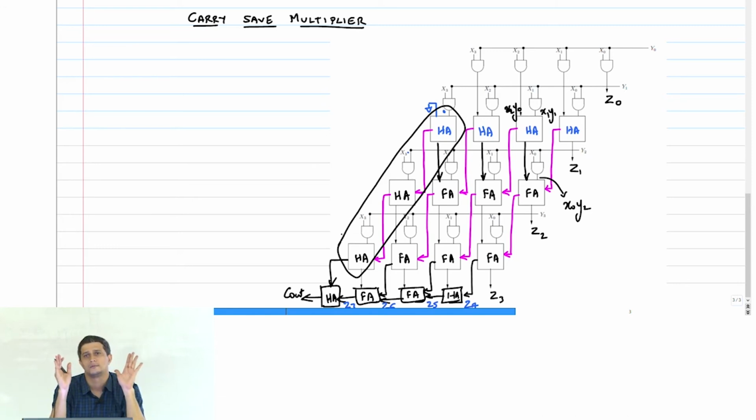That's the idea. That's what they're saying, because the other input to those half adders are 0. Right? See, this input is 0, this input is 0, and so is this input, which means the sum is just one of the inputs.